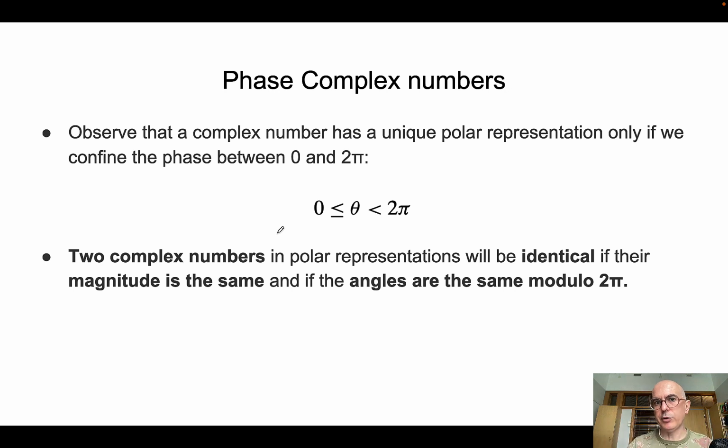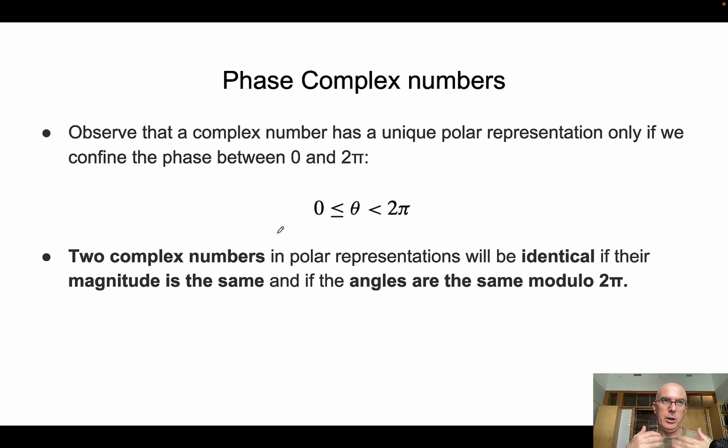This theta is also called the phase of the complex number. It's very important to note that the complex number has a unique polar representation only if we confine the phase between 0 and 2 pi. In fact, two complex numbers in polar representation will be identical if their magnitude is the same and if the angles are the same modulo 2 pi, right?